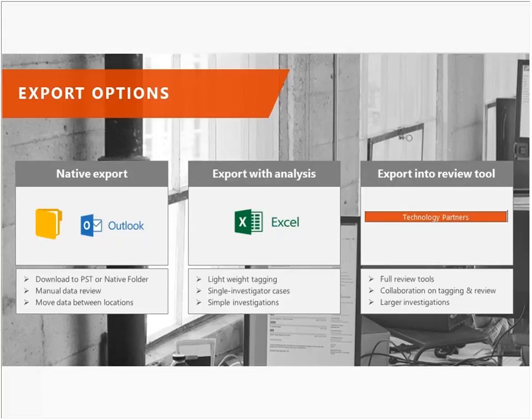And then, of course, we have the standard full eDiscovery lifecycle, which is the ability to export that data into the review tools by our technology partners. The key there is that the data is going to get there a lot faster than it would through the standard collection and integration path that we typically see.